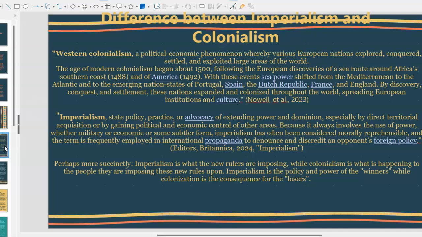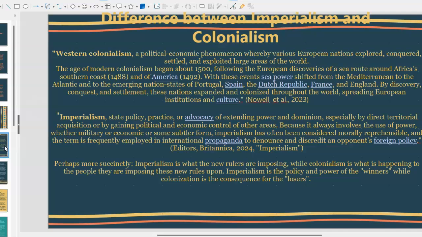All right, so the difference between imperialism and colonialism, I kind of did this when we started. Western colonialism is a political economic phenomenon whereby various European nations explored, conquered, settled, and exploited large areas of the world. And this is literally on the ground.